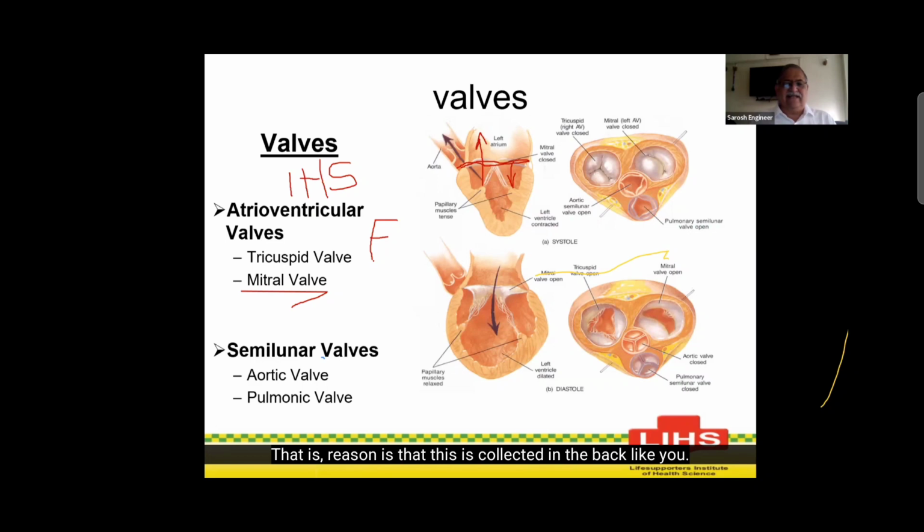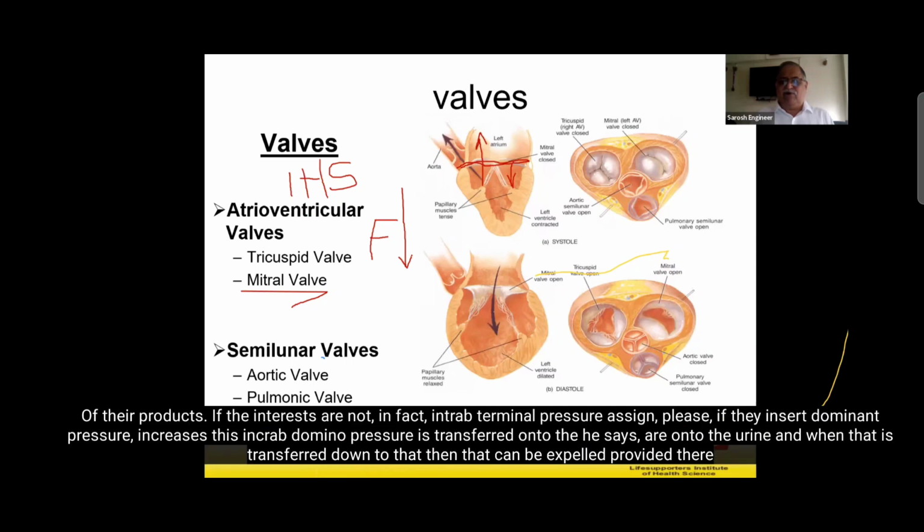The reason is that this is collected in a bag, like the urinary bladder, and in the rectum the stool is collected, whatever. But if it has to be expelled, thrown out from the abdomen, of course, provided there is an opening, then the pressure inside the abdomen has to increase.